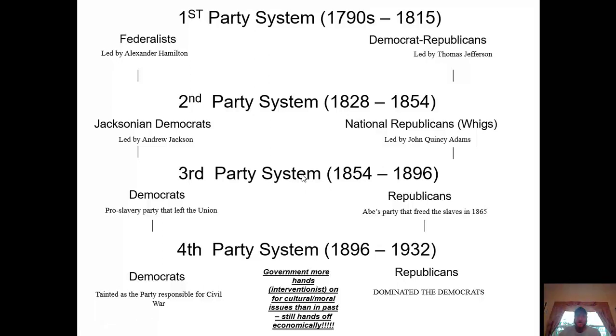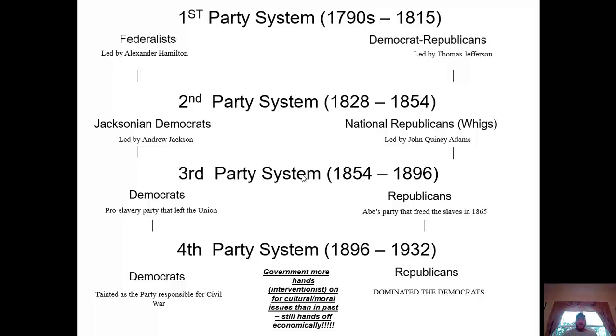All right, so think back to the beginning of the year, the very first party system in our country, 1790s to 1815. If you remember, the Constitution was ratified. There technically were no political parties, but quickly they developed. One party was led by Thomas Jefferson, and one party was led by Alexander Hamilton.